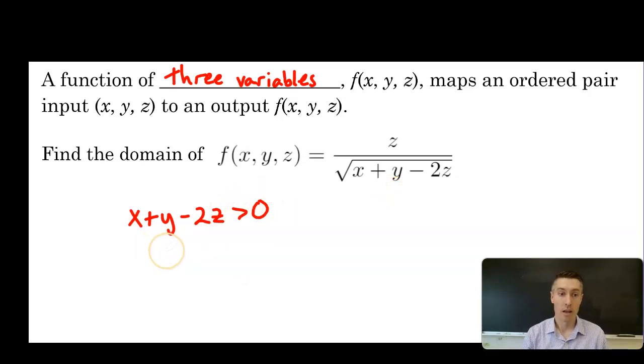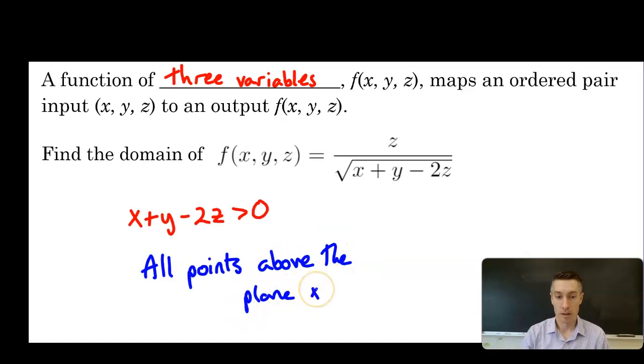So essentially, that means all points above the plane, right? So if we wanted to write out a verbal description of the domain, it'd be all points above the plane x plus y minus 2z equals 0, right? And that domain is in 3 space now because the output is in 4 space or 4 dimensions.